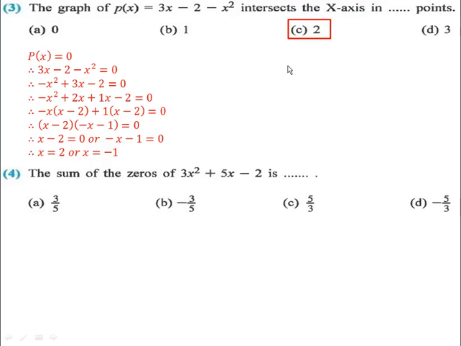The sum of the zeros of 3x square plus 5x minus 2 is blank. Now, a is the coefficient of x square, therefore a is equal to 3. B is the coefficient of x, means b is equal to 5, and the constant term c is equal to minus 2.